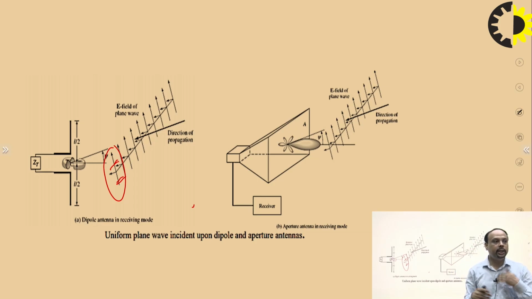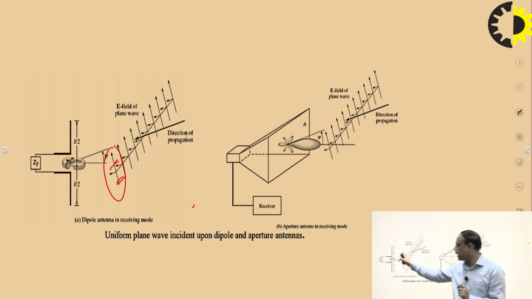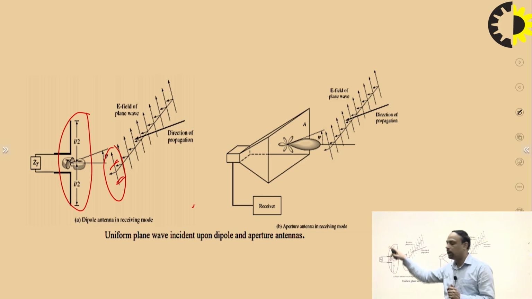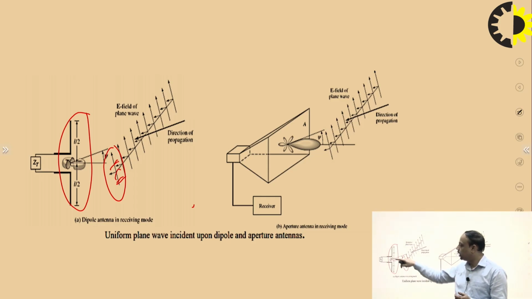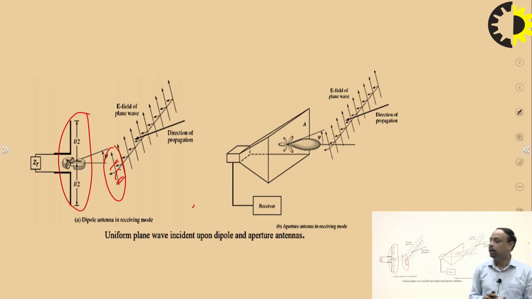So the voltage developed is again proportional to the amount of the actual vector that intersects with the length of the dipole. So the total field received depends on the angle of polarization over which the wave is incident on the linearly polarized antenna.